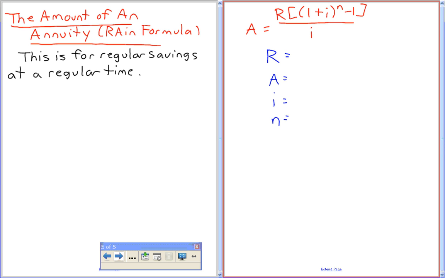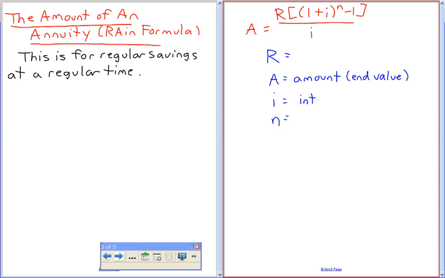Okay, can I get somebody to guess what A and what I and what N would mean there? Sam, go ahead. A is the end value. This is the amount, which is end value. Excellent. Can I get another volunteer to try another letter, please? All right, go ahead. I is going to be interest.